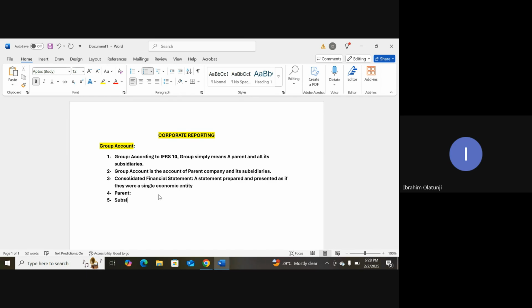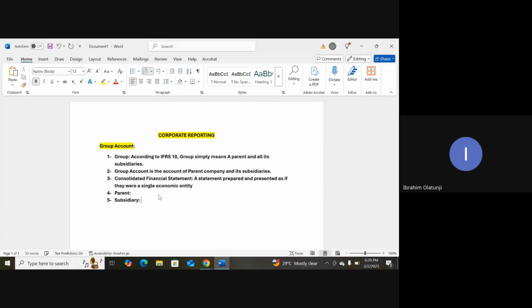Let us now think of subsidiary itself. We say parent is an entity that controls one or more subsidiaries. So what is a subsidiary then? A subsidiary is an entity that is controlled by another entity called who?